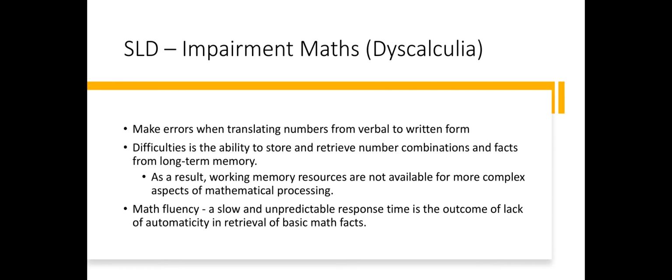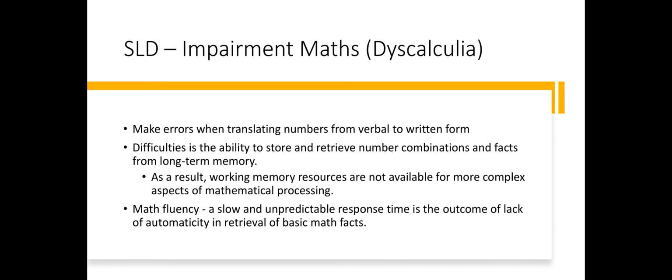And again, dyscalculia, you make errors when you're translating numbers from verbal to written form. These children have great difficulties in storing numbers, retrieving numbers, a combination of that working memory and linking it to their long-term memory. Now, it might be that they remember their times tables on one day and can't remember the times tables the next day.